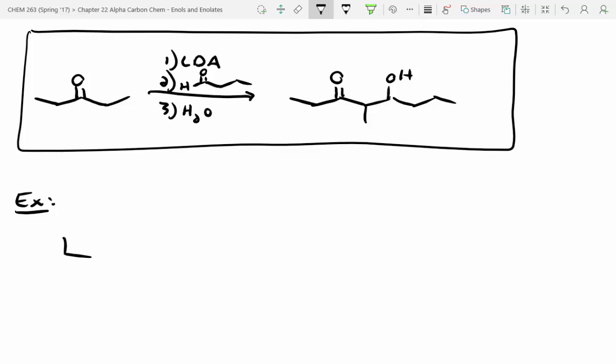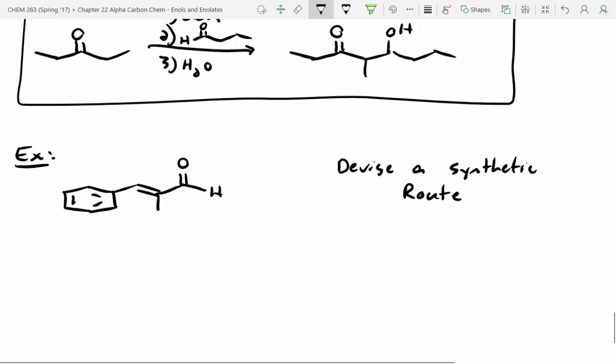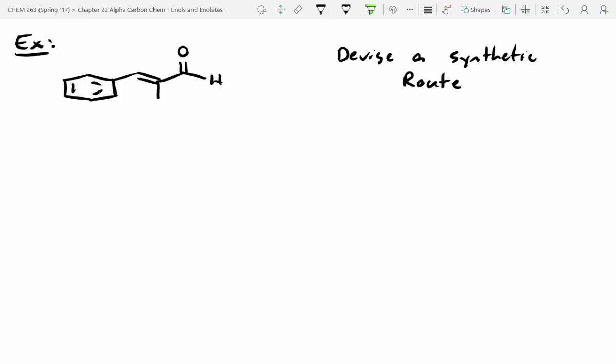Let's do this one. I'm going to mix it up. So devise a synthetic route. So retrosynthetically, again, identify your alpha-beta position.